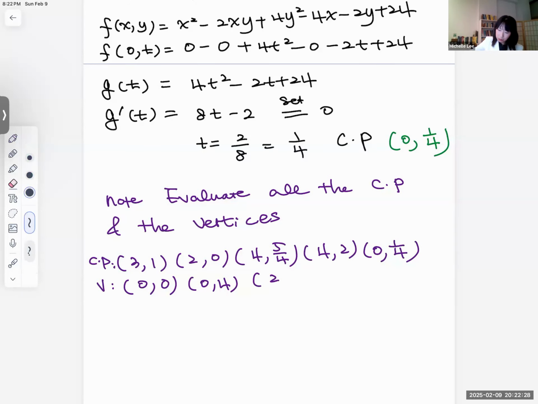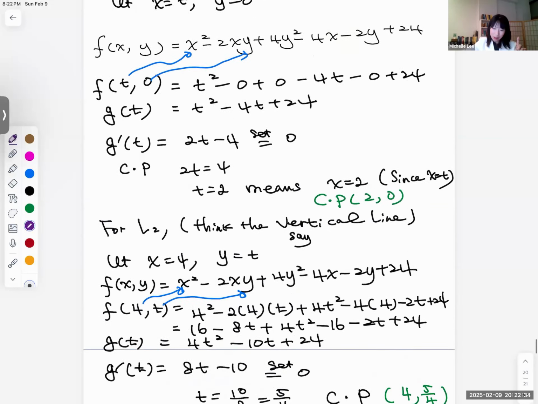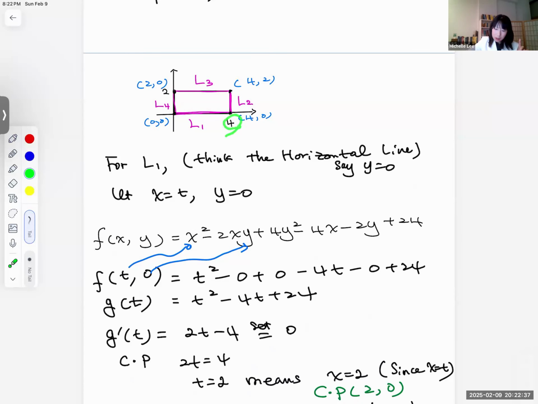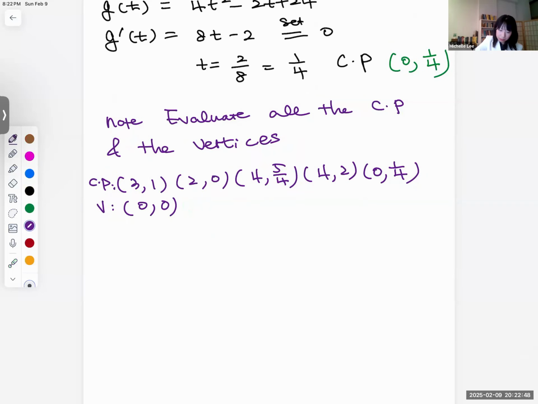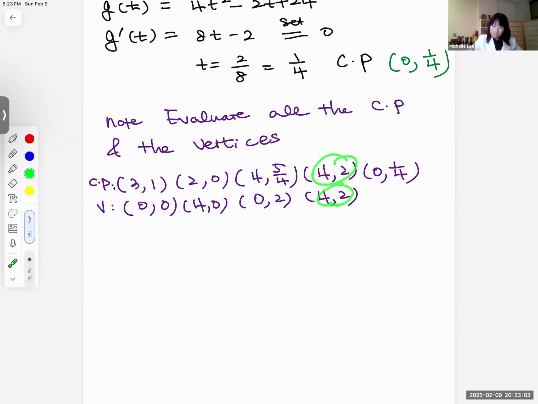Okay, hold on one second, I scroll down. Once again, bad memory. Okay, 4, 0. Yeah, 4, 0. 2, 0, 4, 2. Okay, 4, 0, and the last one, 4, 2. Yeah. Okay, we can just use 4, 2 here, right? Oh, this is not the 0, 2. Okay, so let's do it.